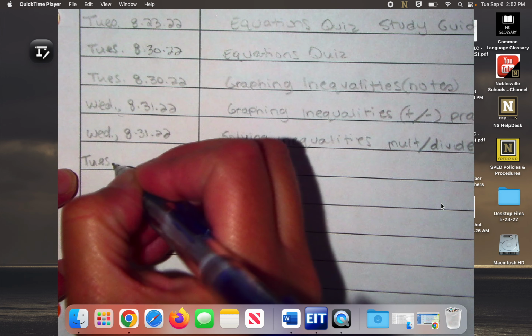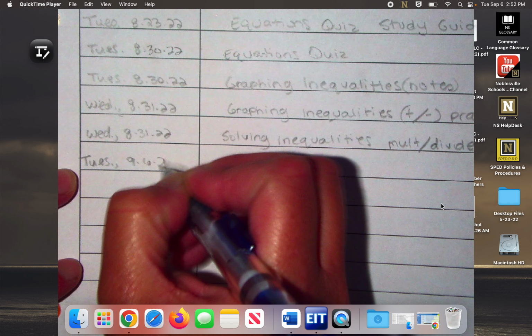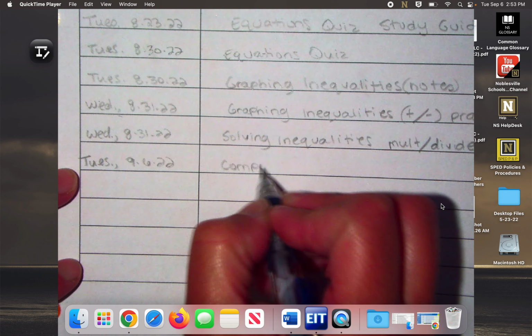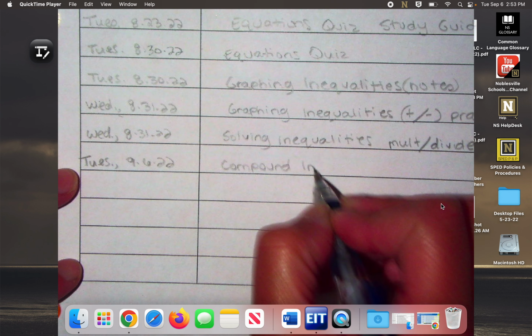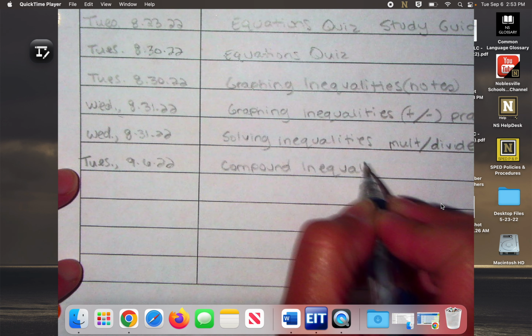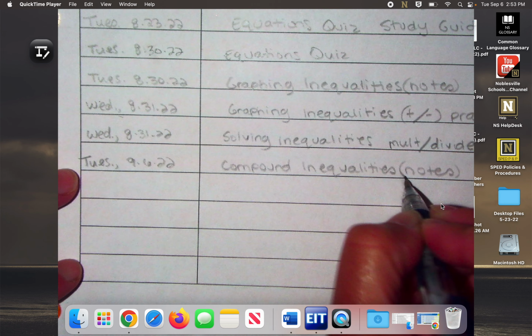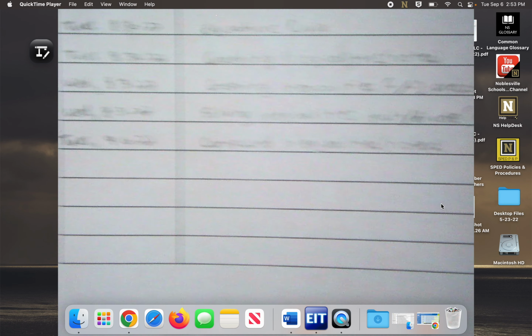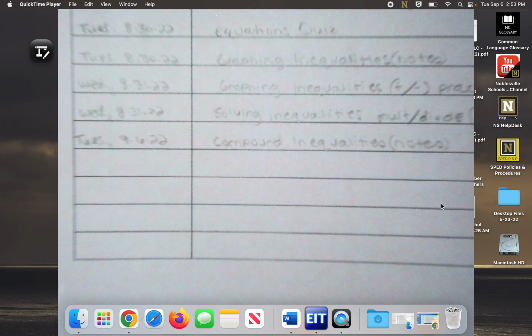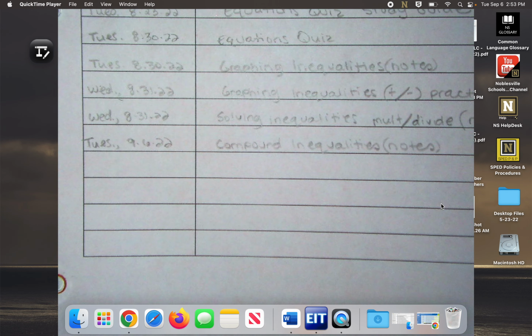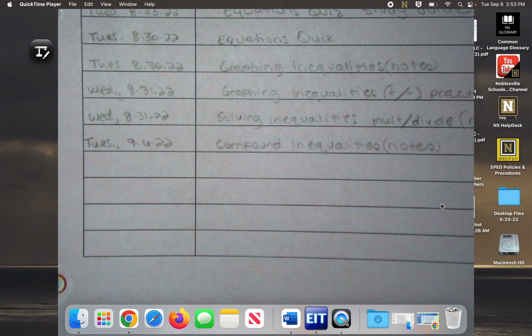So we've got compound inequalities notes. Keep these out, don't put them away quite yet.